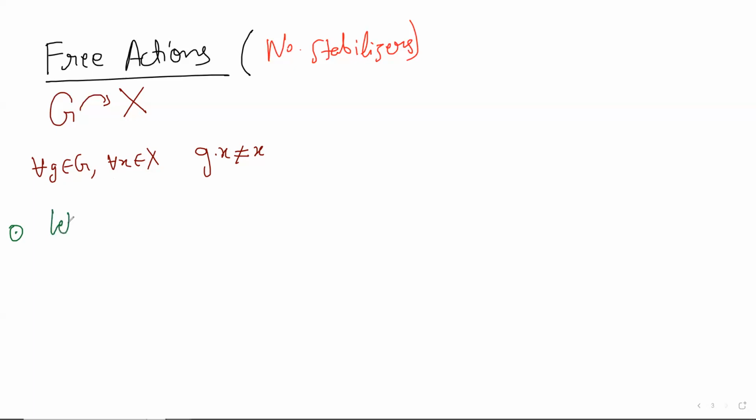Let G act on X transitively. You may have to look at the definitions, but you'll find all these definitions in Dummit and Foote or any algebra book. Acts transitively and freely, right?